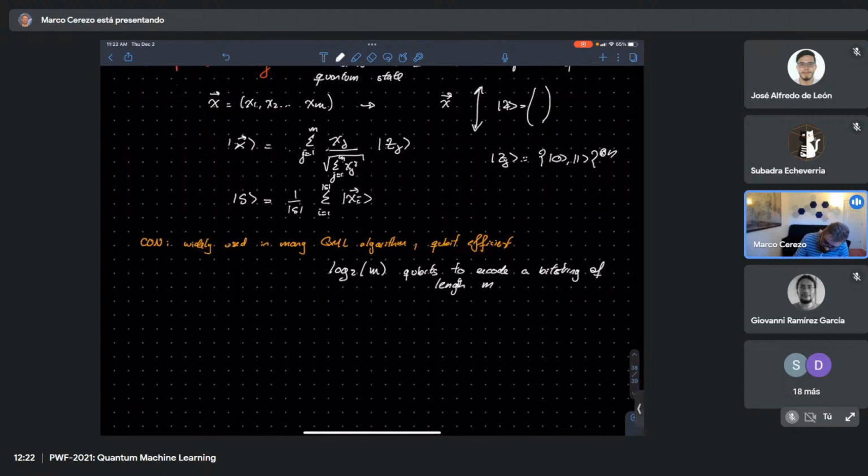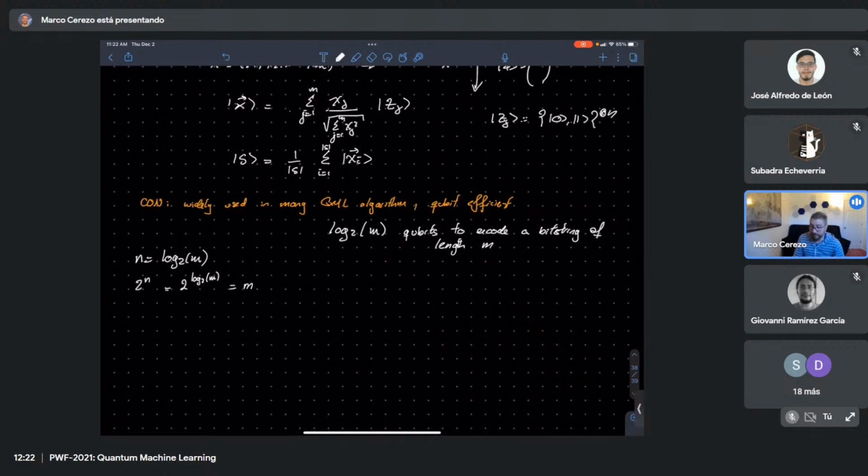Well, if I have a number of qubits equal to log2 m, what's the dimension of the Hilbert space? It's 2 to the n, which is equal to m. So this is a Hilbert space of dimension m, which is precisely how many elements we need to encode into a quantum state. So this is very qubit efficient. That also means that if our algorithm is polynomial in the number of qubits, it's going to be logarithmic in the size of the data.